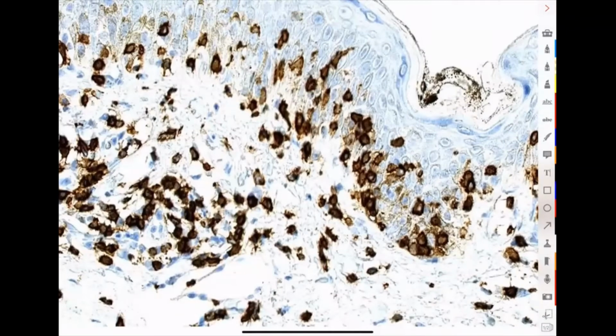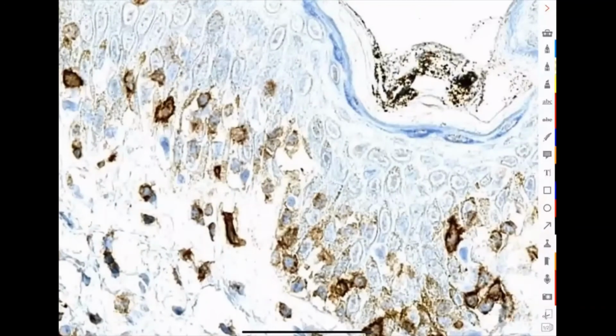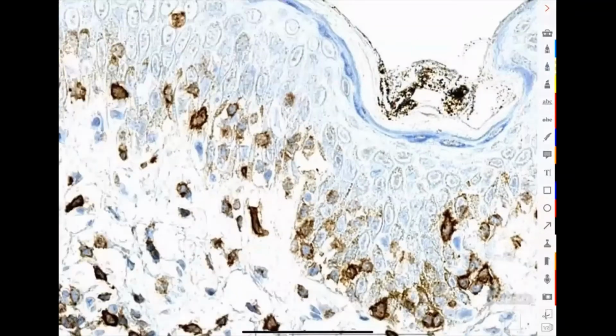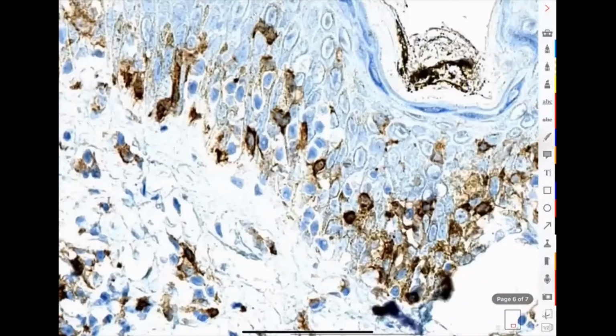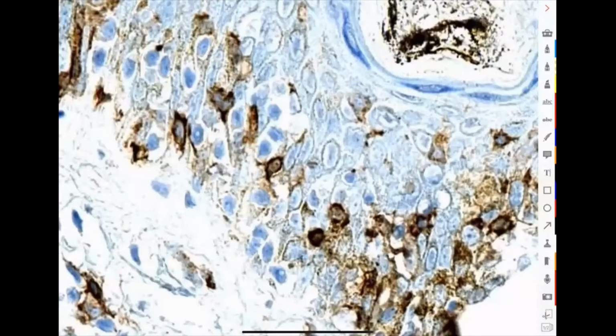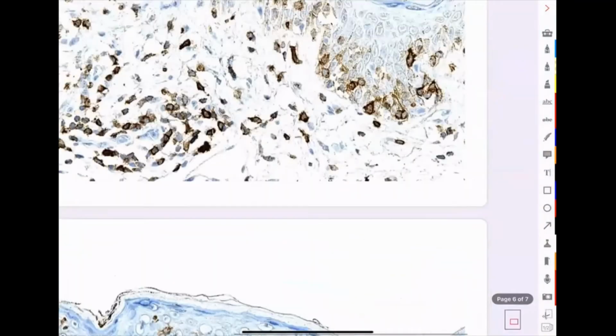And then this is your CD7 in comparison, the same field. I will compare the same field now, okay? So definitely there is a decrease in the expression of CD7, right? And if I compare it, which is a more important thing, to the CD8, there is still a relative decrease in the expression of CD8 in comparison to the CD4. So this is your CD8, and I will go again to the CD4.